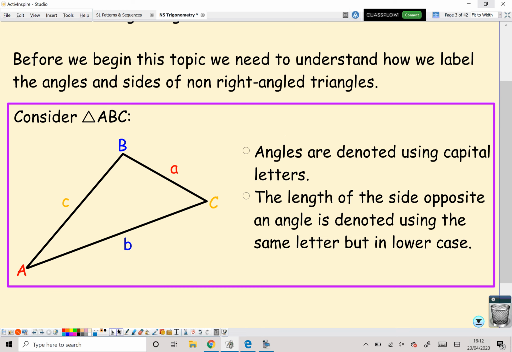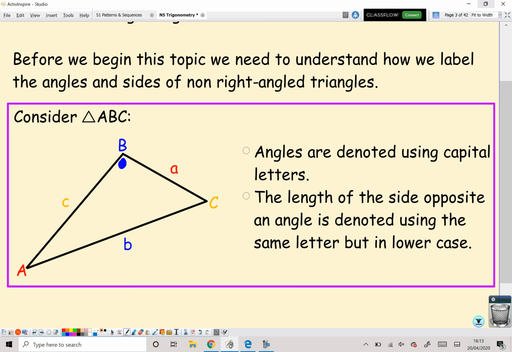So let's have a wee look here, right? Consider for a moment triangle A, B, and C, right? That's the capital letters A, B, and C. Now, the simple system is, if we're referring to an angle, we use the capital letter, right? So if I was referring, for instance, to angle B, then I'm talking about that angle there, and I would use the capital letter B to work with it, okay?